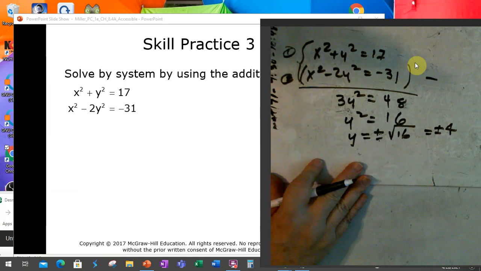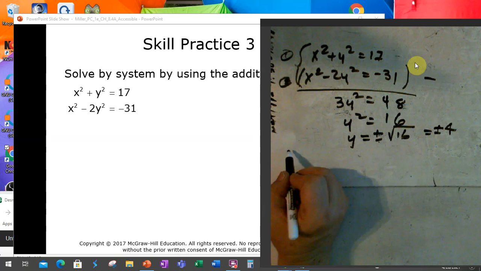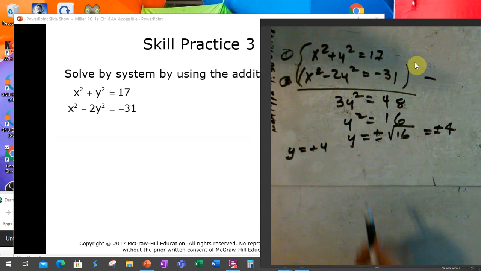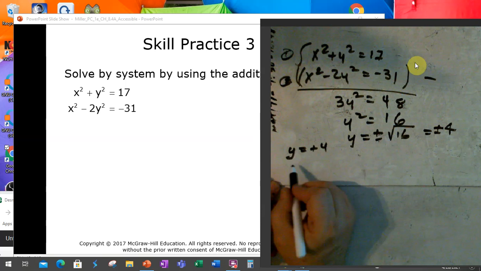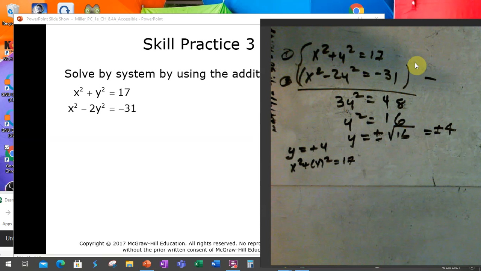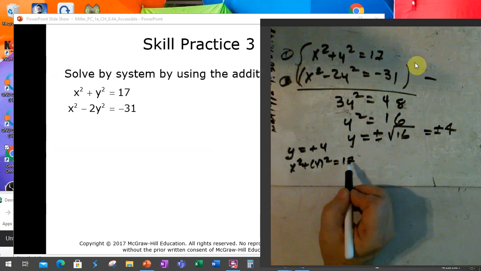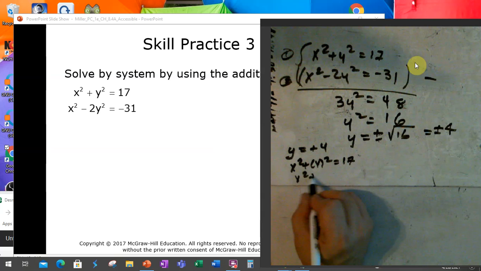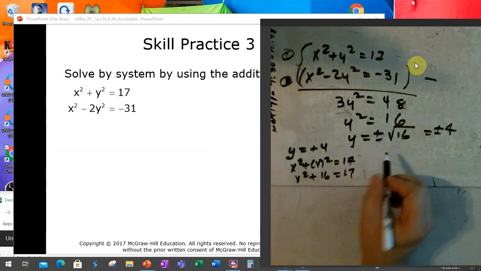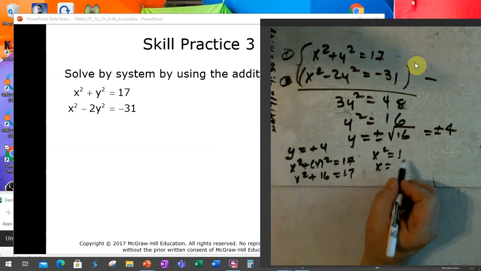So I'm going to take each one of these things. Here's my y's. Let's start out with plus 4, okay? So x squared plus 4 squared is 17. x squared plus 16 is equal to 17. Minus 16, x squared is equal to 1, 17 minus the 16. So x is equal to plus or minus 1.